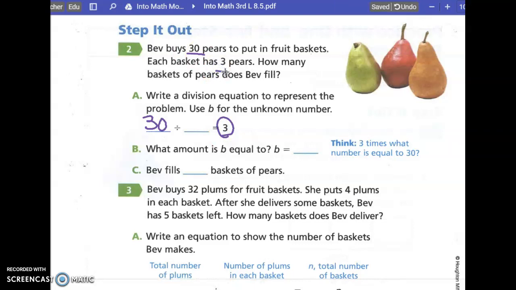Okay. So what about B? This is B. This is our unknown right here. Is B equal to 3? It says think, 3 times what is 30? 10. Bev fills 10 baskets with pears, right?